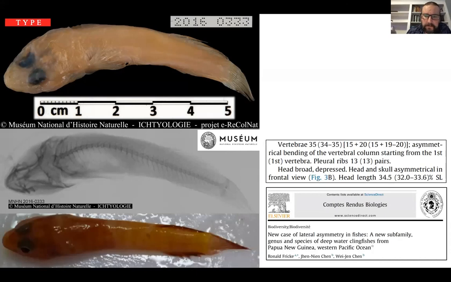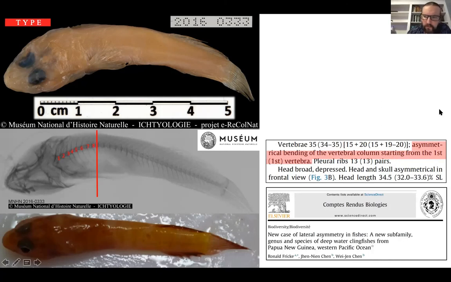And this description by Freaky et al. of an asymmetrical clingfish, in my opinion, is actually based on a misinterpretation of anatomy. They write that the asymmetrical bending starts after the first vertebra, but actually the bending really doesn't happen until after the ninth.